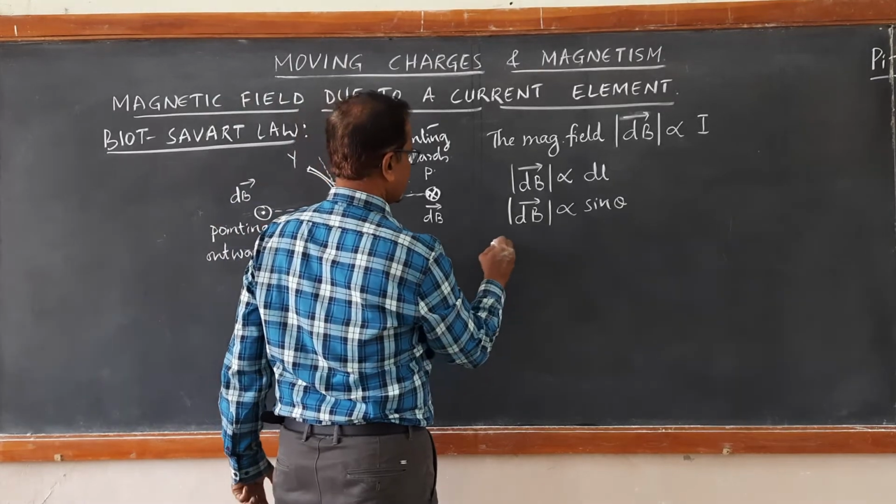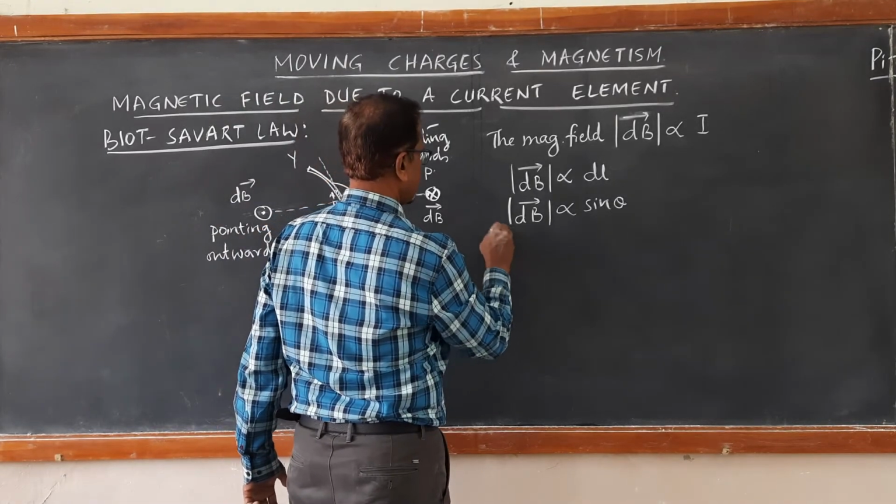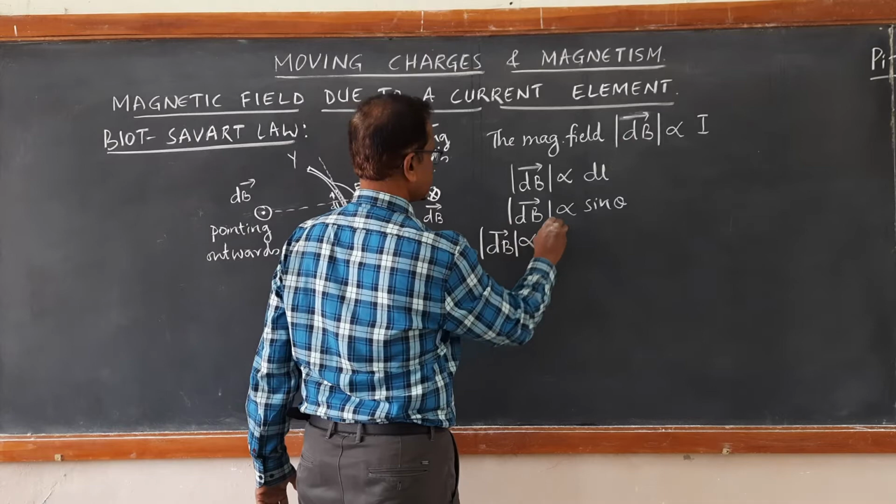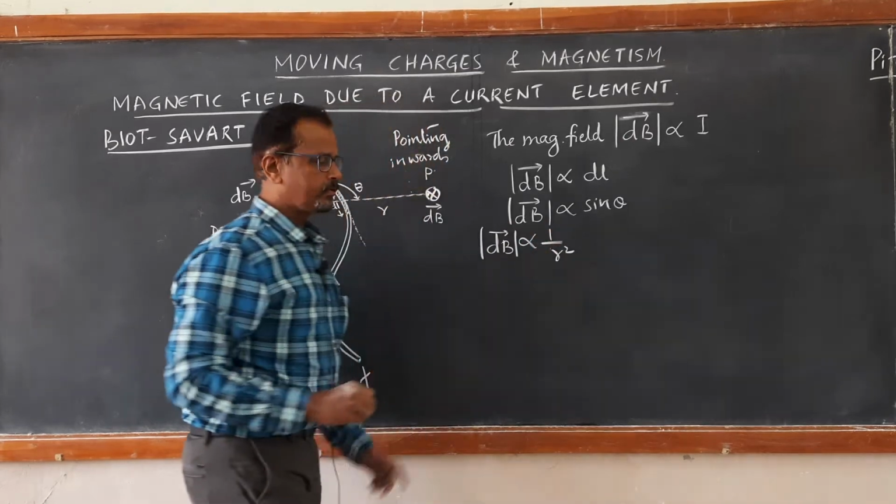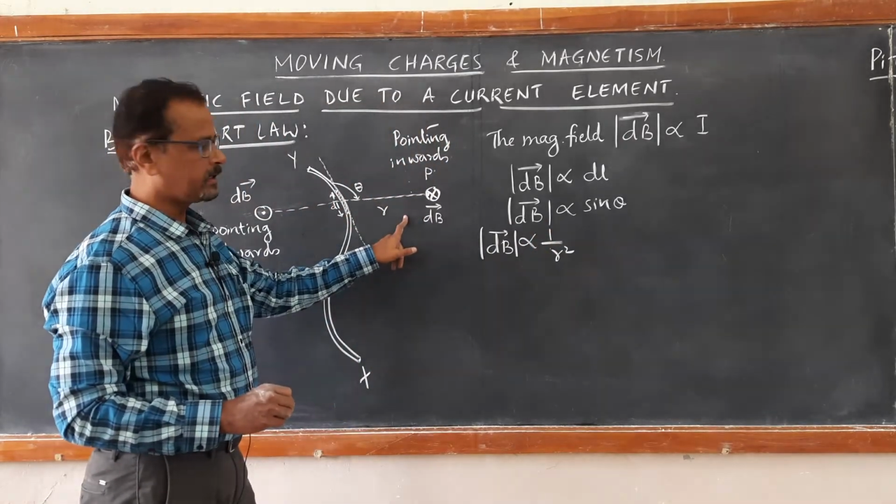One more important point: dB is also inversely proportional to the square of the distance, where r is the distance of the point under consideration.